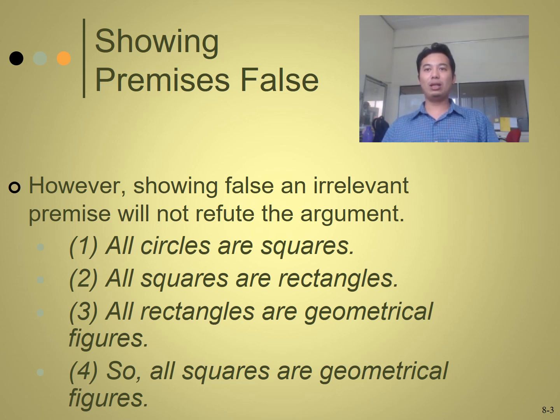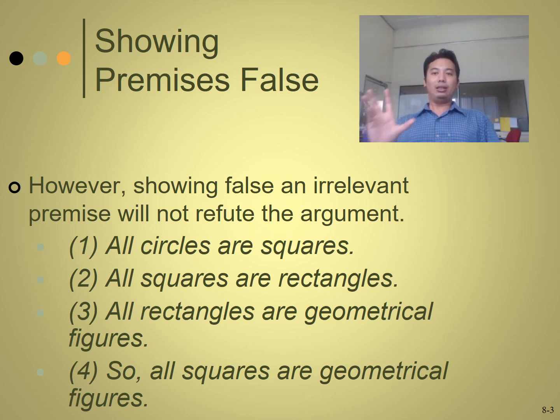The second one, all squares are rectangles. Well, the idea of a rectangle would be having four sides. So squares would be defined as having four sides, so it is considered a rectangle. All rectangles are geometrical figures and all squares are geometrical figures. So if you look at point 2 or point 3, then you can safely assume that 4 is actually correct, right? The conclusion is something which is acceptable.